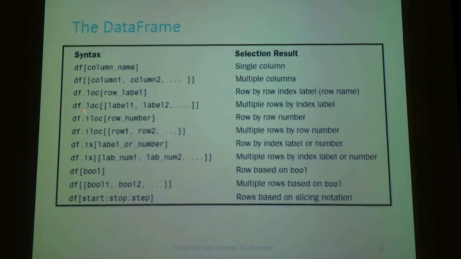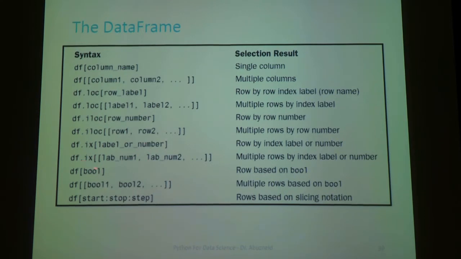Then for row selection, you could have loc with the row label, or loc for multiple labels, and then iloc for a row number, or for multiple rows by row numbers. ix is from Python 2, forget about it.